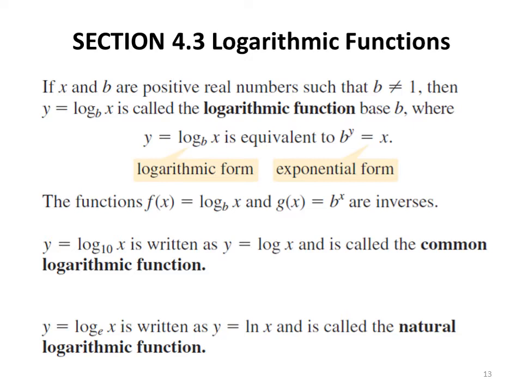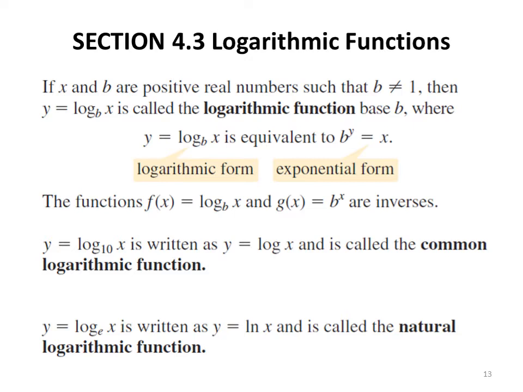Now there are special bases. If the base is 10, y equals log x to the base 10 is just written as the log of x. The base is not written. For any other base, with the exception of e, you have to write the base.